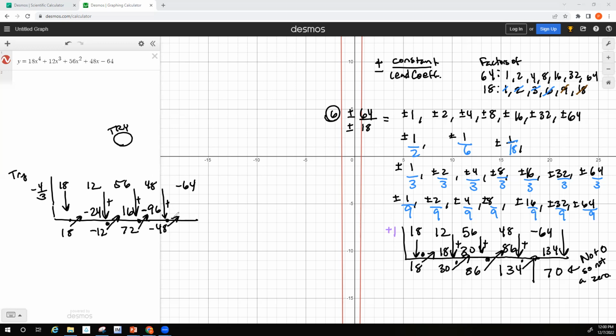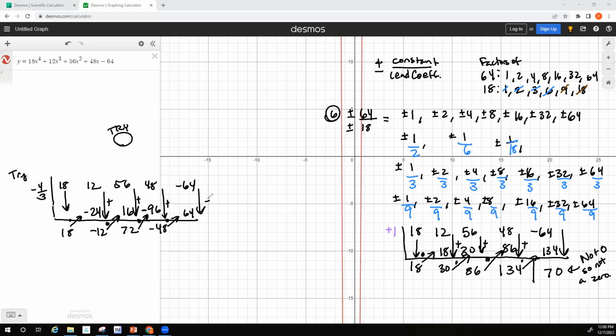Multiply, -48 divided by 3 is going to give us -16. So -16 times -4 is going to give us +64.